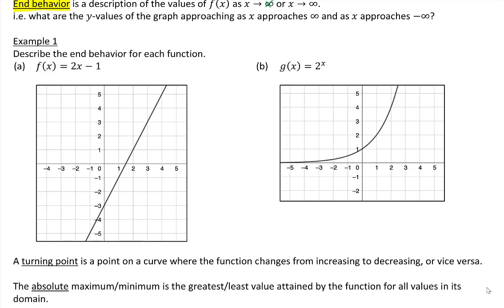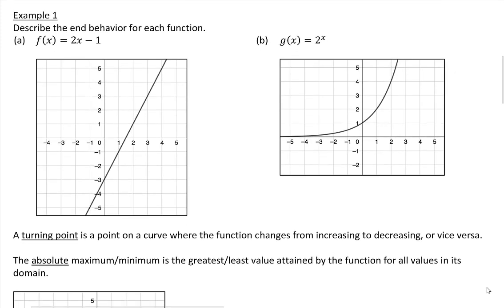So let's take a look at two examples. Describe the end behavior for each function. Let's start with 2x minus 1. As x goes to infinity, as we get larger and larger x, we see that the y values also get larger and larger. So we can say as x goes to infinity, y also goes to infinity.